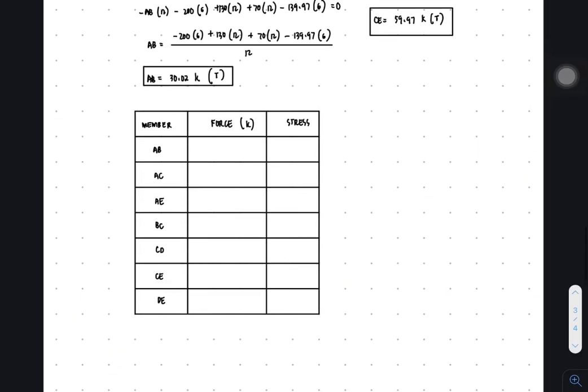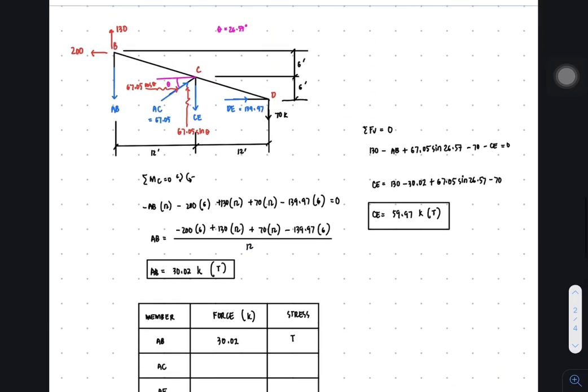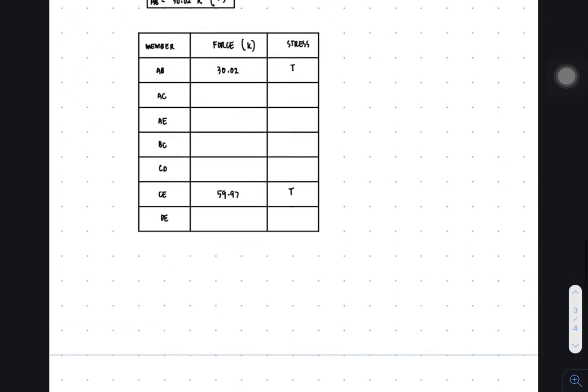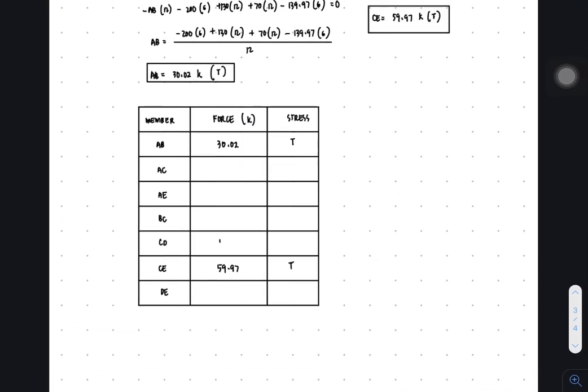So let's write AB. AB is 30.02, and it is in tension. CE is 59.97, and that is in tension. Then CD is 156.5, and that is in tension.